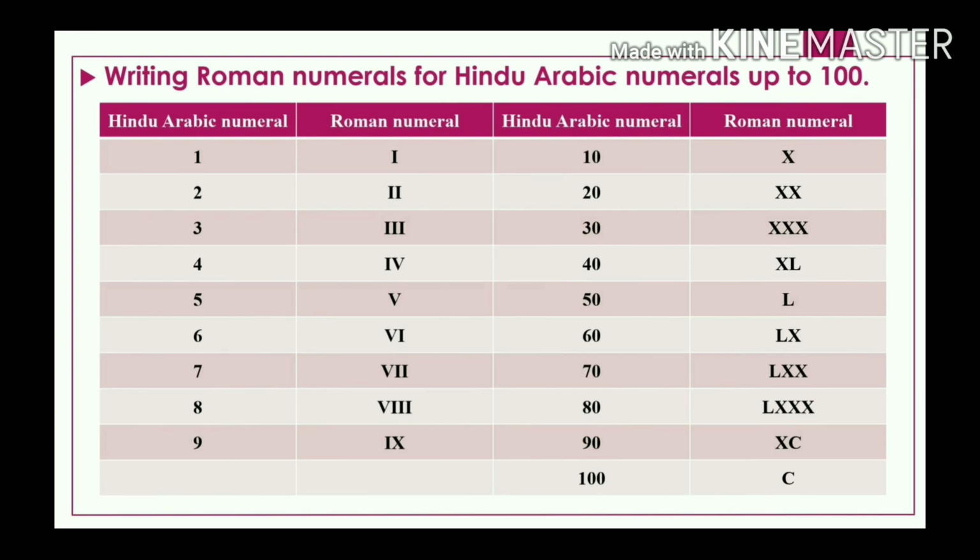For 13, X and 3 times I, which is 10 plus 3, equal to 13, and so on. Similarly, you can do for 21, 22, 23, 31, 32, 33, and so on.